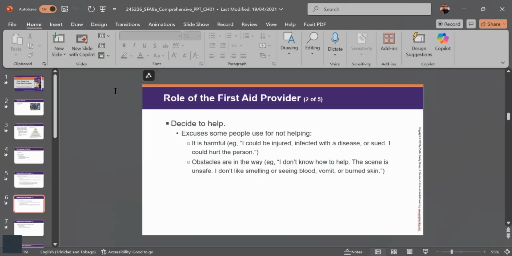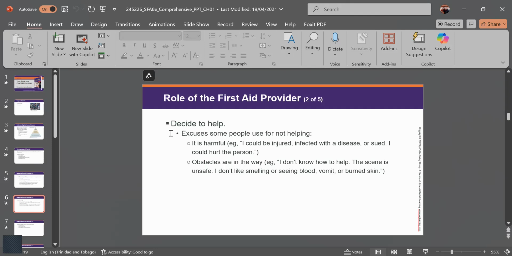From, I could get in trouble, I could get infected, or I could get arrested, or I don't want to judge the person, or scorn the person, or check how you look in a guide and that kind of stuff. Really, a lot of excuses.